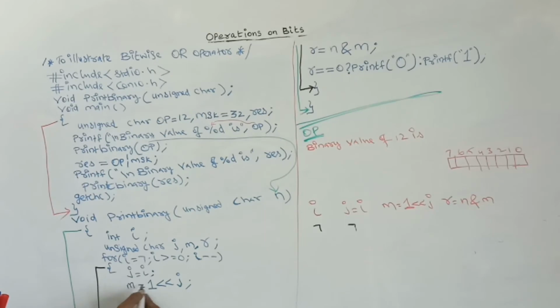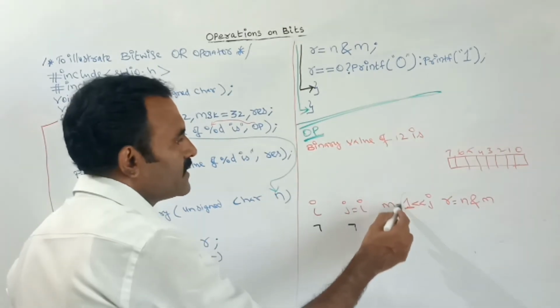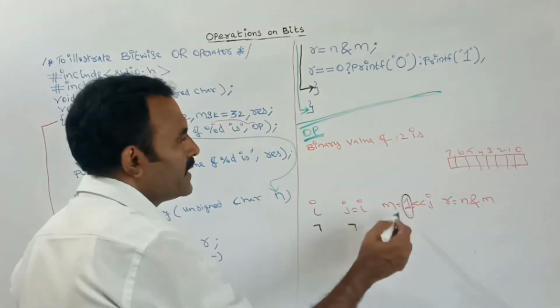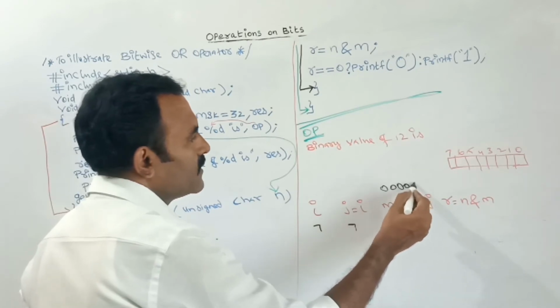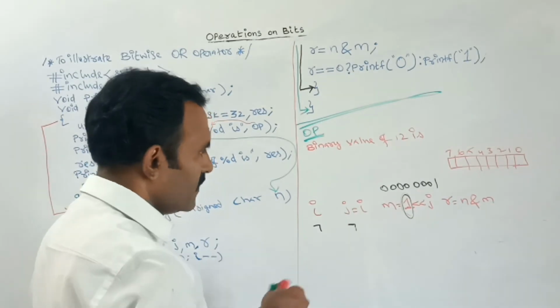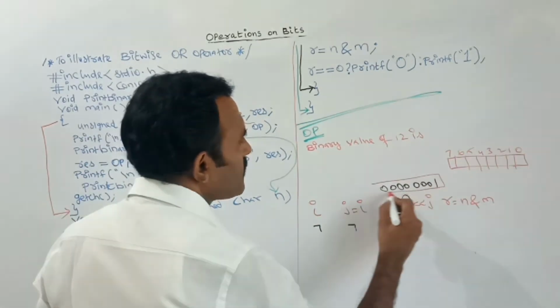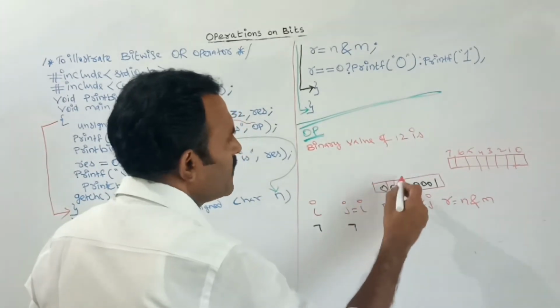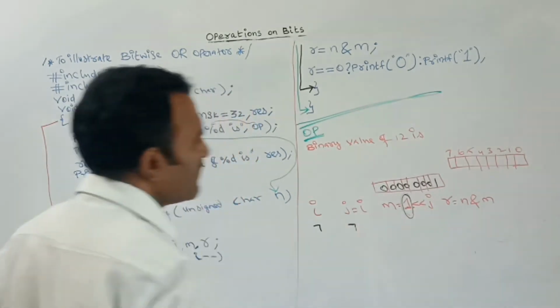Next here m is equal to 1 left shift of j. Say for each and every time here this 1, binary value of 1 is 0 0 0 0 0 0 0 1. This is the binary value of 1. See, for each and every iteration this binary value will be left shifted with jth value.